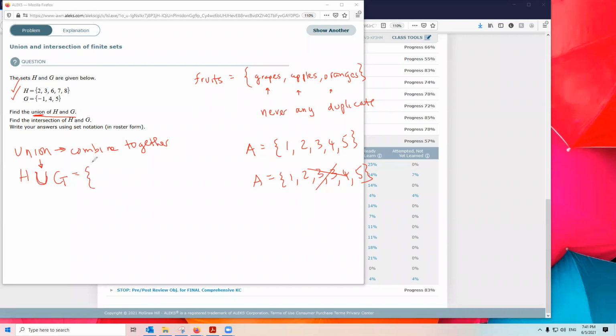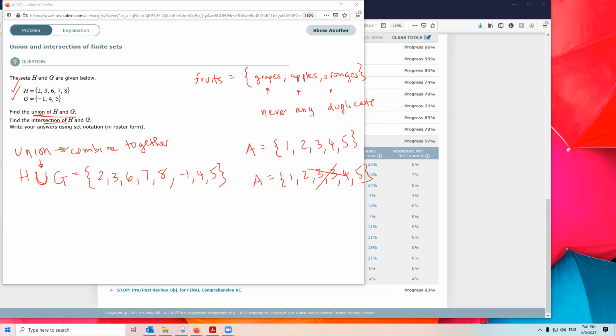Well, what I'm going to do is just write out all of the elements in both sets combined together. It's kind of like putting everybody into the pool. 2, 3, 6, 7, 8. That was set H. Now I got to add in G, -1, 4, and 5. All right, that's the union.